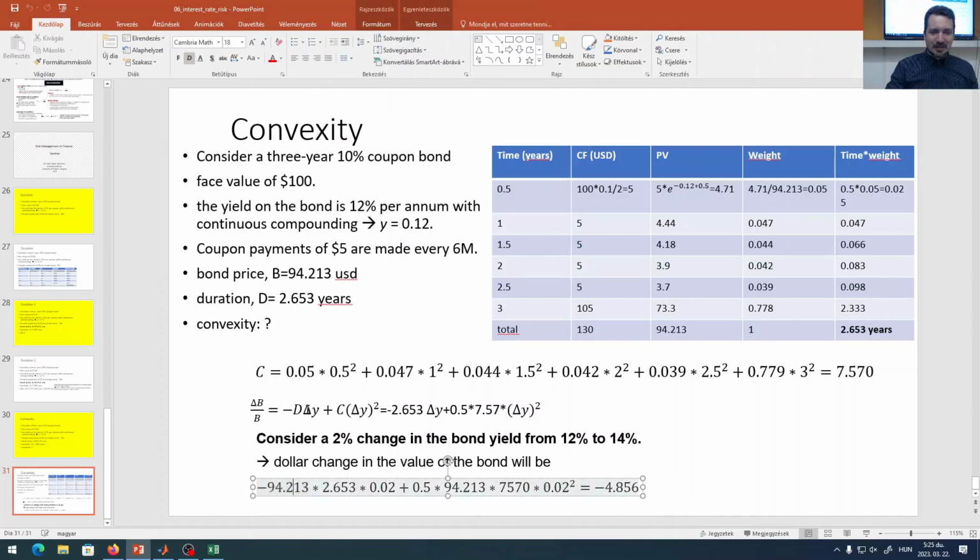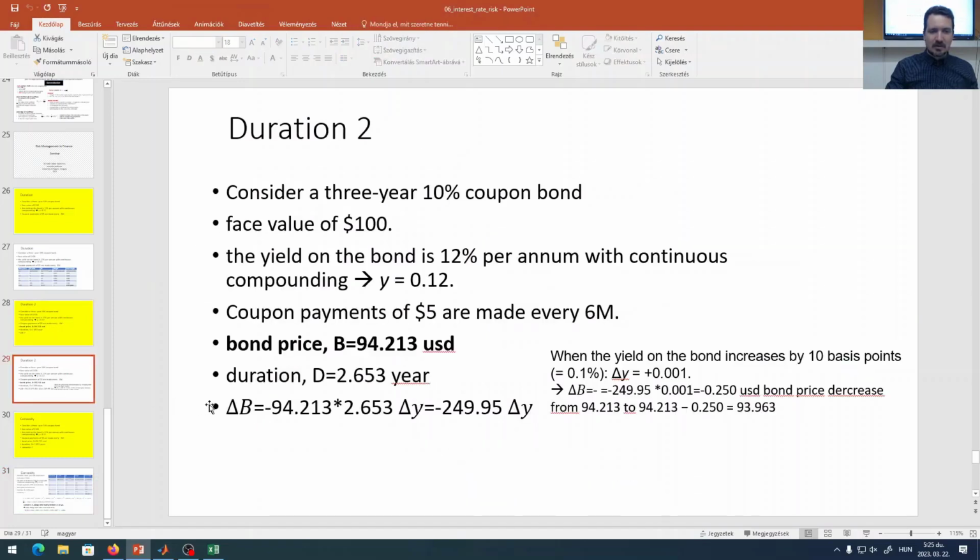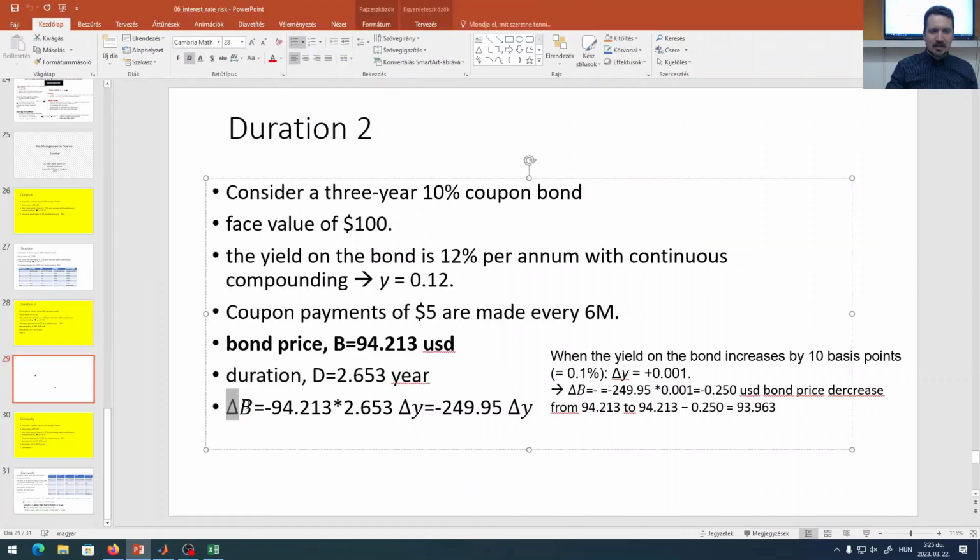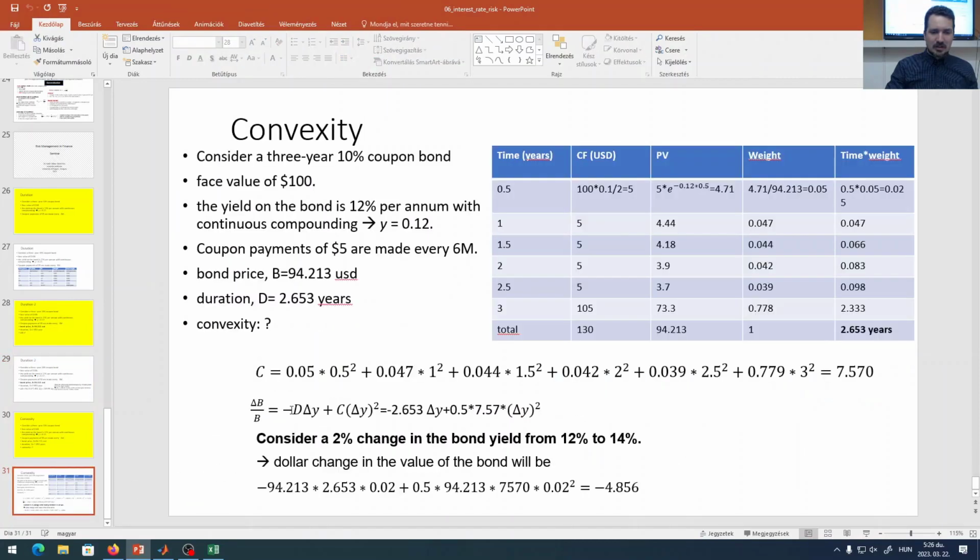So bond price, but it was not in the equation. So bond price was here. I'm a bit confused here. Because, okay, that was the original. In this case, we should add this.